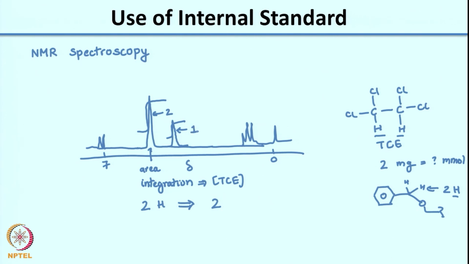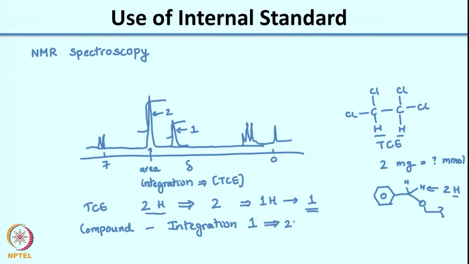So now 2 protons of TCE correspond to an integration of 2. So 1 proton corresponds to an integration of 1 for TCE. Now for your compound, what you see is the integration is 1, and that corresponds to 2 protons, which implies for 1 proton you have an integration of 0.5.